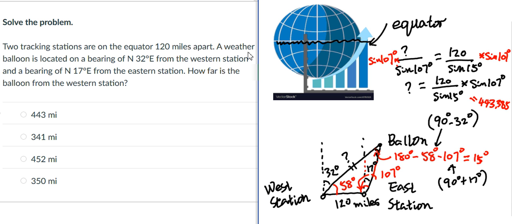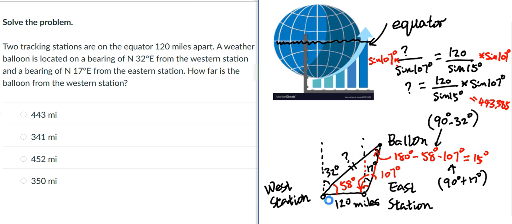That's by convention. Okay, so here it says a weather balloon is located on a bearing of north. So the balloon is here, and then 32 degrees north.